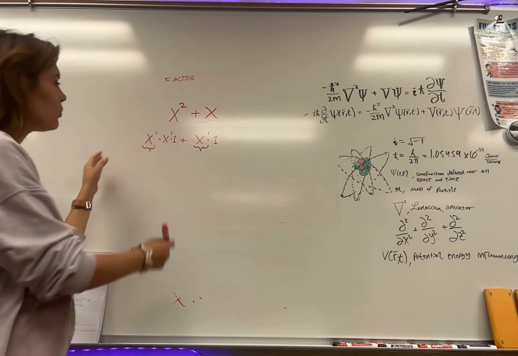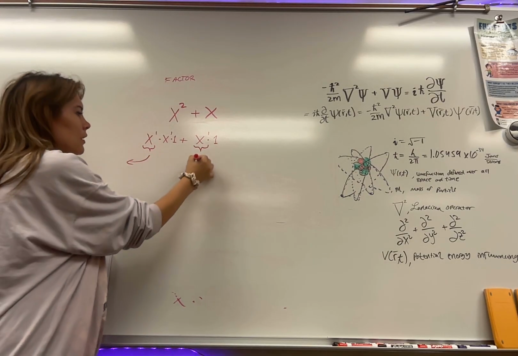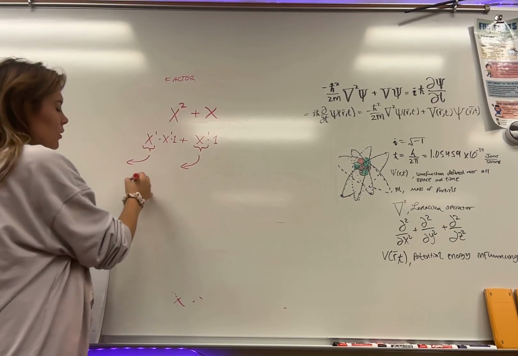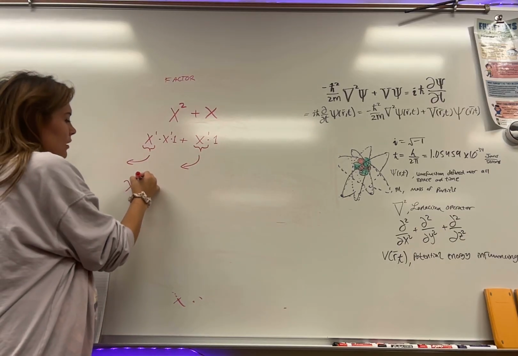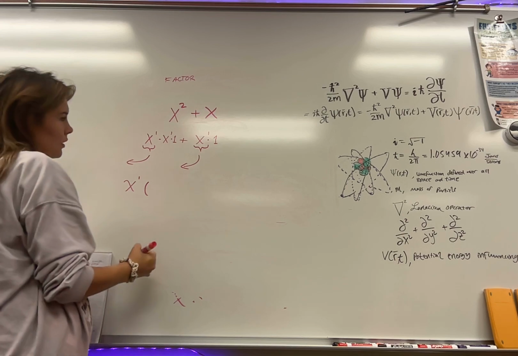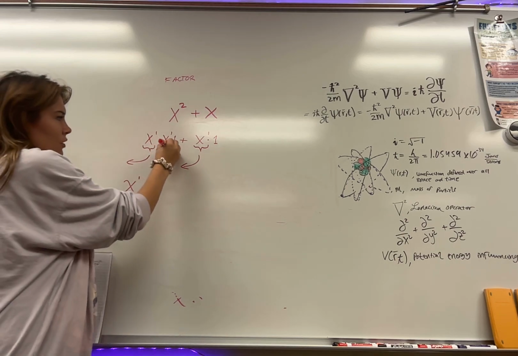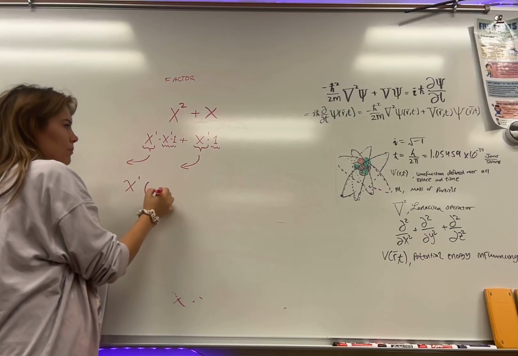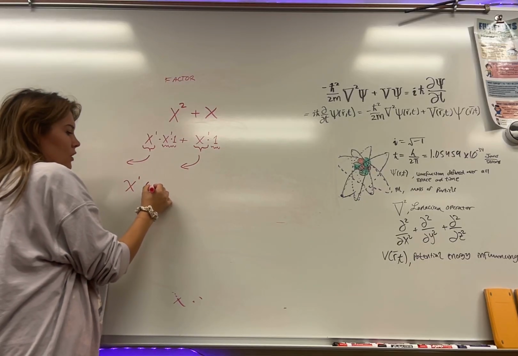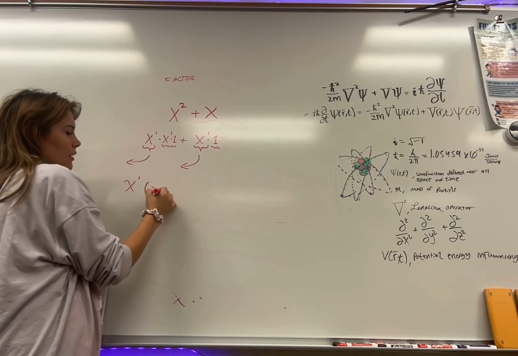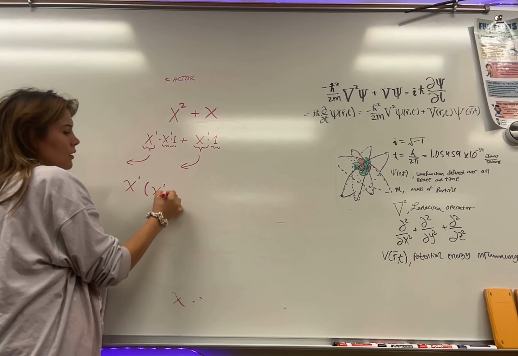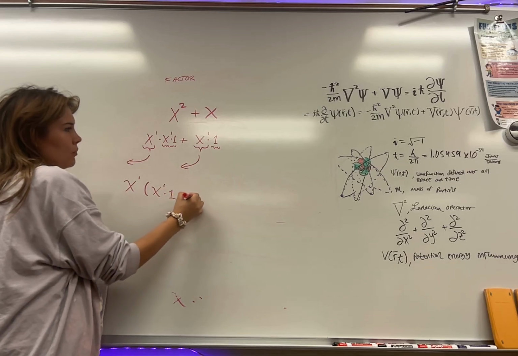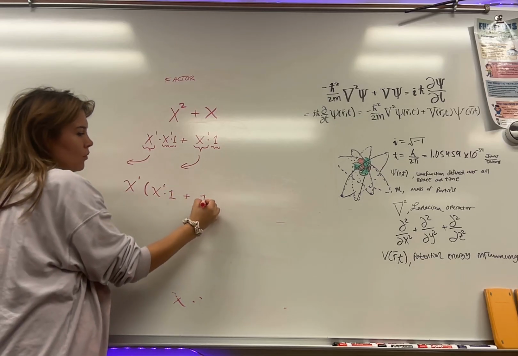And so if we pull these to the front, what we're left with is x to the 1 being multiplied by whatever's left over, and we'll keep that plus sign, okay? So what's left over is x to the 1 times 1 plus 1.